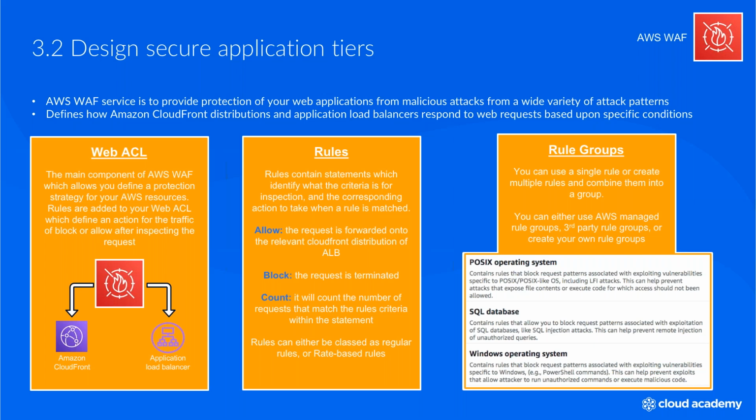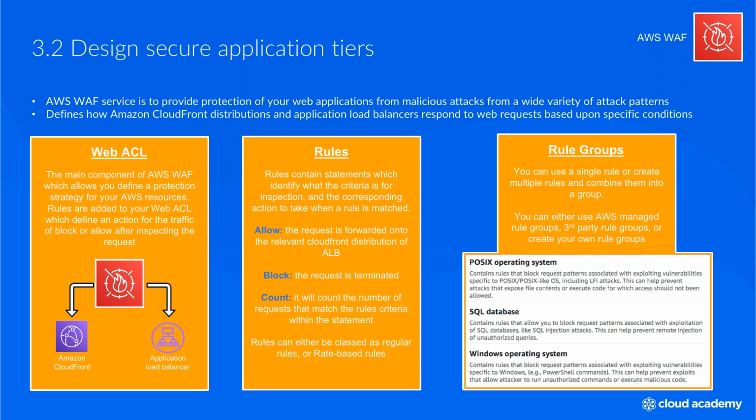Now, moving on to the rules themselves, they contain statements which identify what criteria should be used to inspect any incoming requests. And the result of that inspection ends with a corresponding action. If there is a match to the rule, it will either allow, block, or count it.